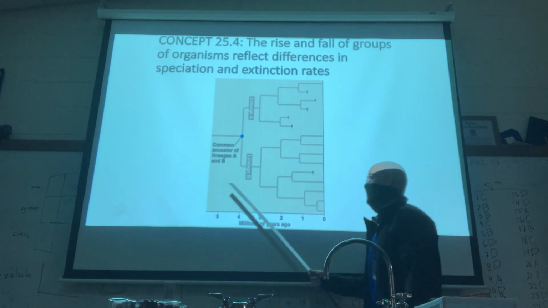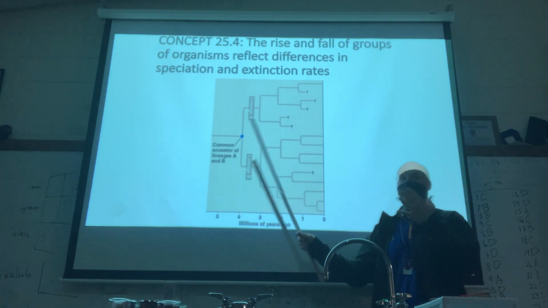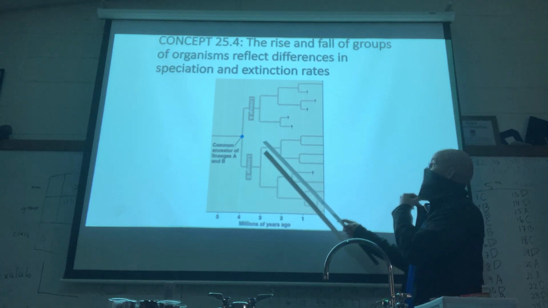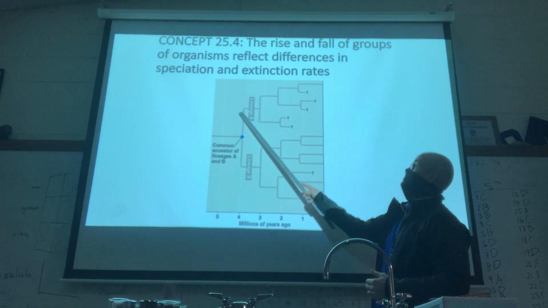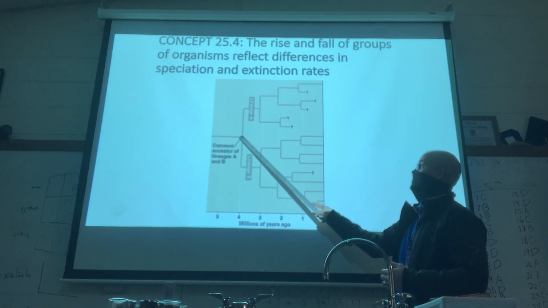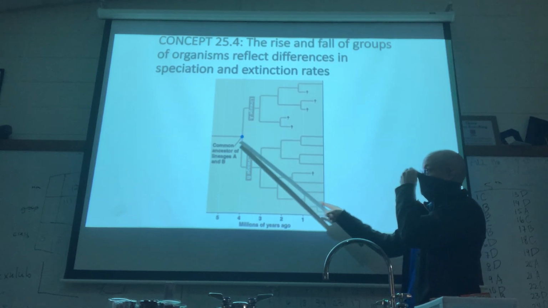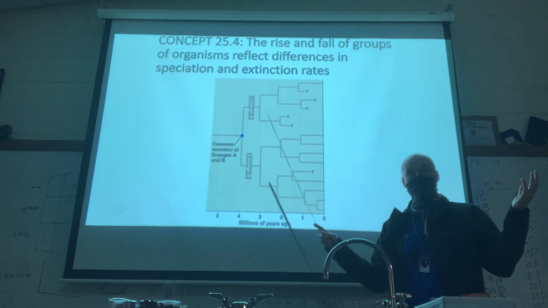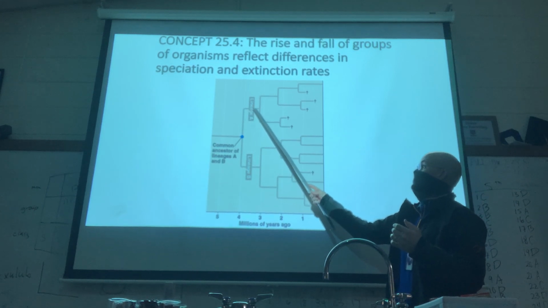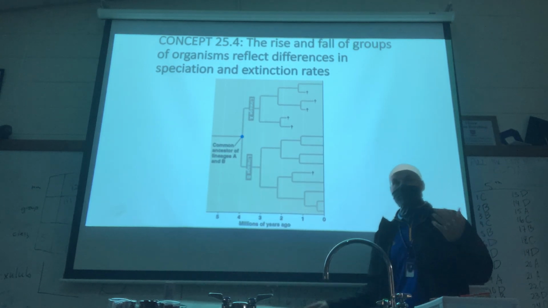The diagram I have here is a generalized look at both speciation, where you get splits. This would be a common population that diverges, is isolated into two or more groups, and takes different evolutionary paths. That is speciation.